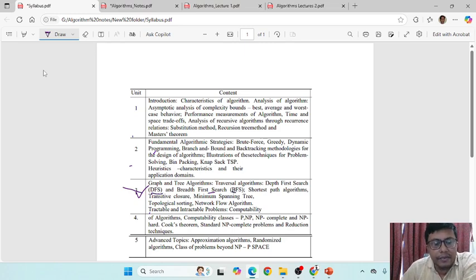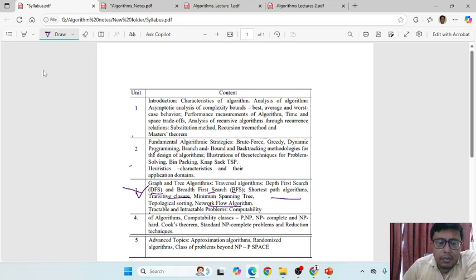I think you have already learned DFS and BFS in your data structures, so we will be revisiting those algorithms, which are considered graph traversal algorithms. Then shortest path algorithms, minimum spanning tree algorithms, topological sorting, network flow algorithms, and transitive closures. These are the things we will be learning.